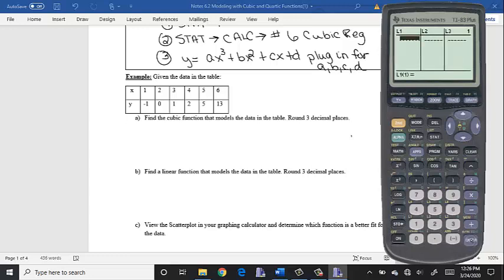We're already at edit, so we're going to hit enter, and we're going to enter our data. So our x values are 1, 2, 3, 4, 5, and 6. Our y values we're going to place in L2. We're going to begin with -1.